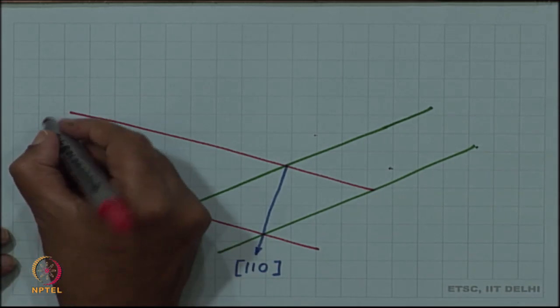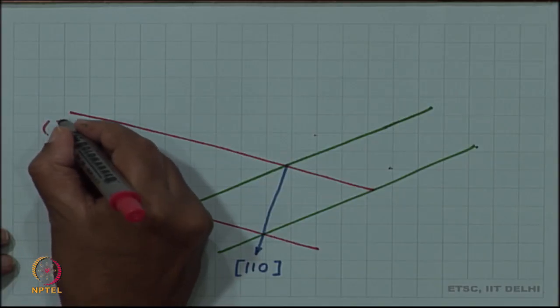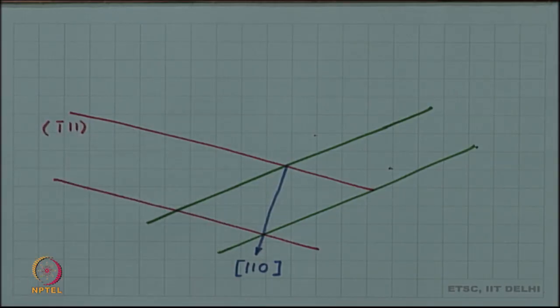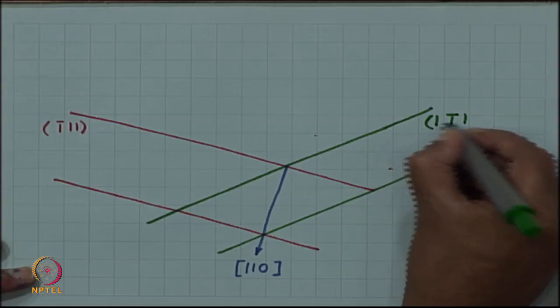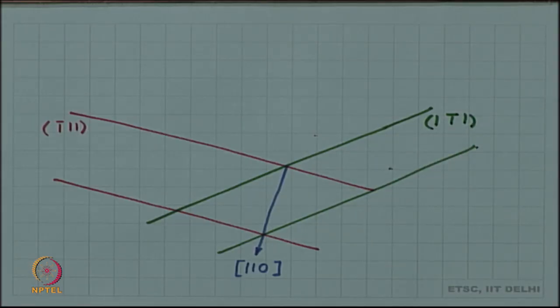So, the red plane is bar 1 1 1, the green plane is 1 bar 1 1, and they are intersecting along the line 1 1 0.